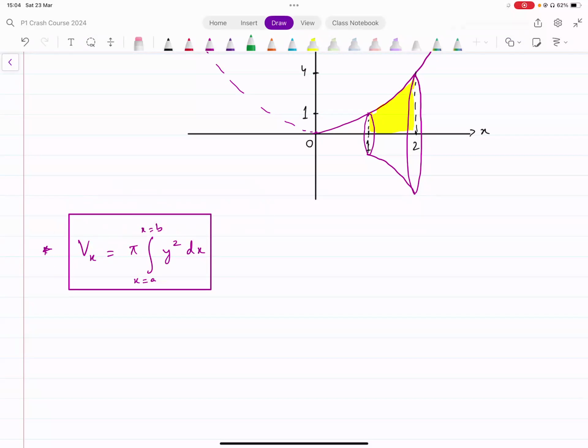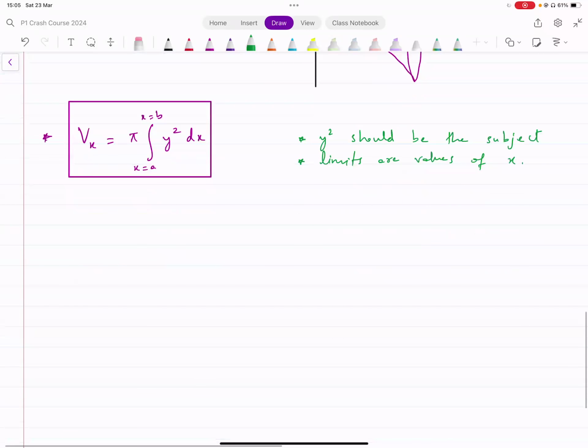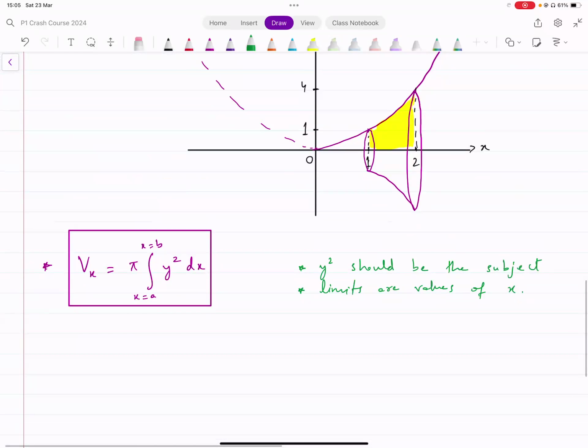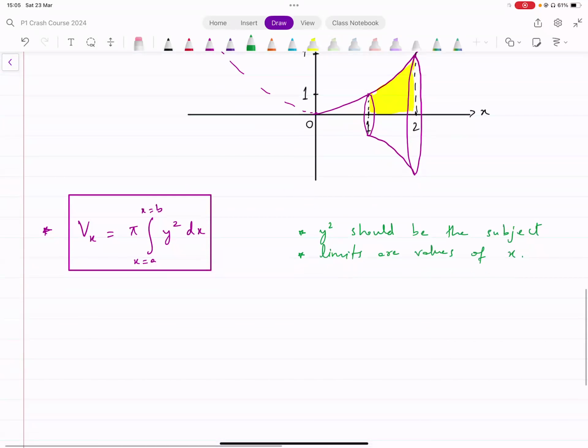Now, in case of volume, we would need y squared to be the subject of the function. And the limits are supposed to be values of x, since the rotation is about the x-axis. Now let's apply this formula on this figure and find the volume of revolution in this case, and see what that turns out to be.